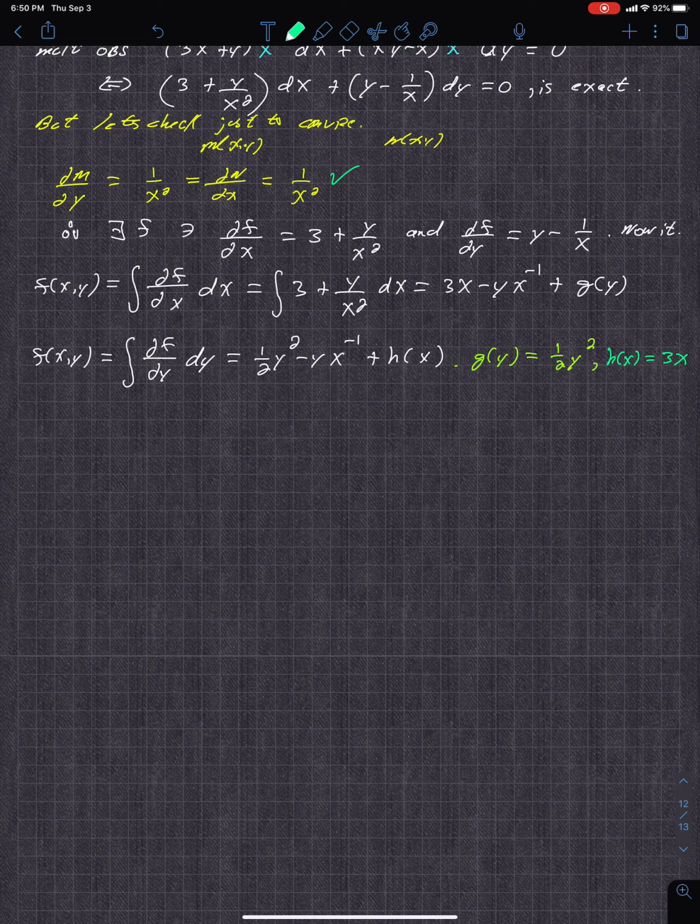And then you always put in a plus c. So hence f of x, y is equal to 1/2 y squared minus y over x plus 3x.